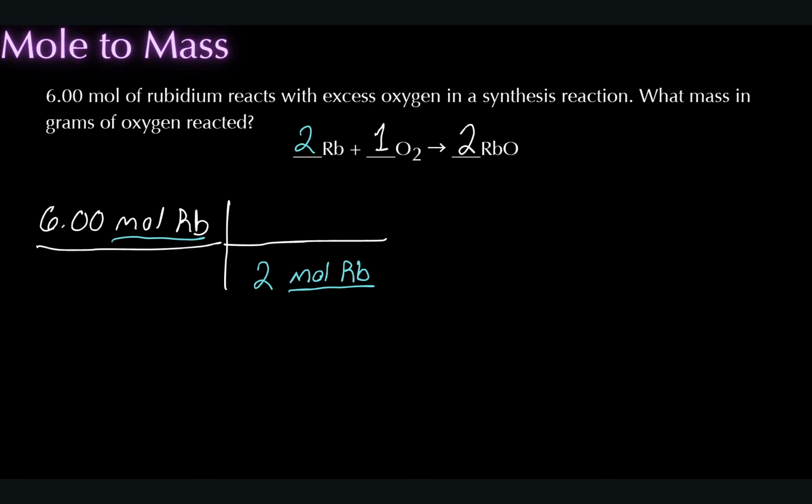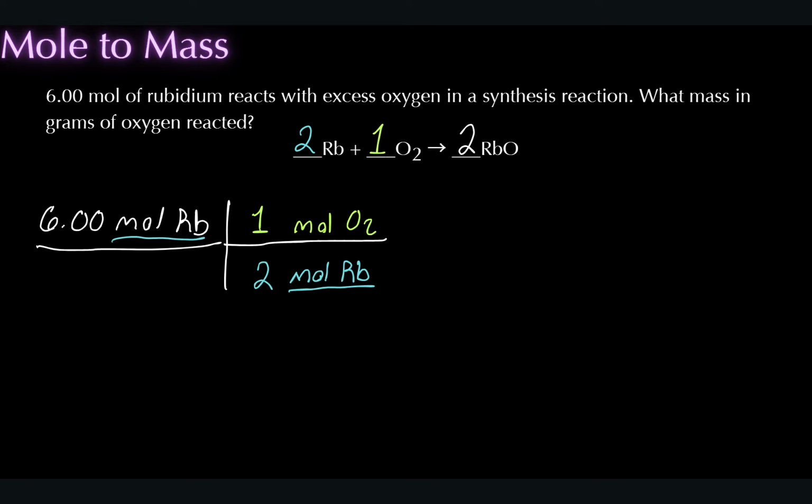This question is asking for the oxygen reacted, so I have my 2 moles of Rb, and I'm going to go to my moles of O2, the moles of oxygen being what I want to find. Looking at the balanced chemical equation, I end up with 1 mole of O2, so I'm going to place that 1 mole of O2 right on top.